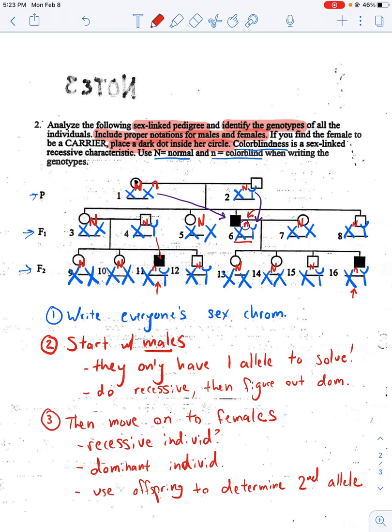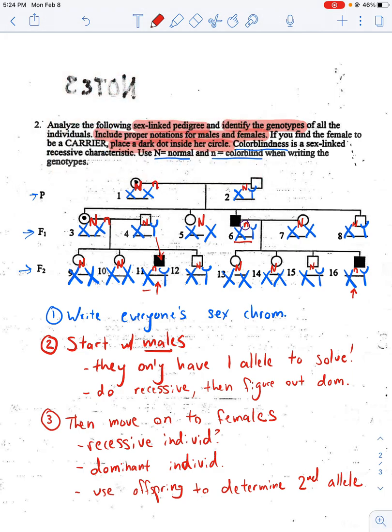The Y chromosome came from dad. That means that the X with the colorblind gene must have come from mom. So she is also a carrier. And again, I'm going to put a dot inside her circle. I'm going to get rid of these arrows too so they're not in the way.